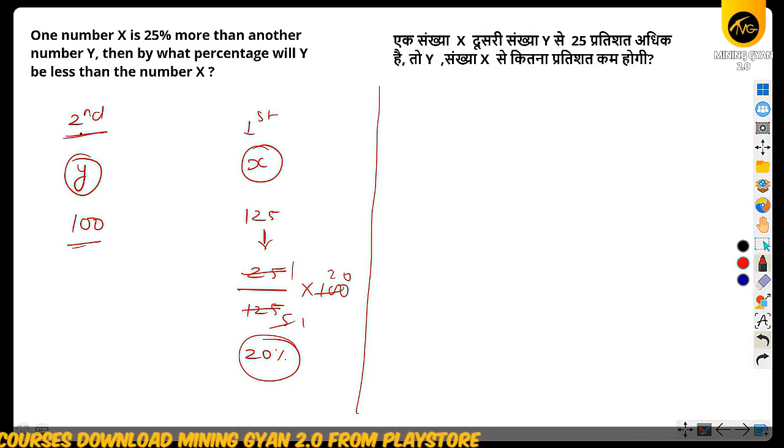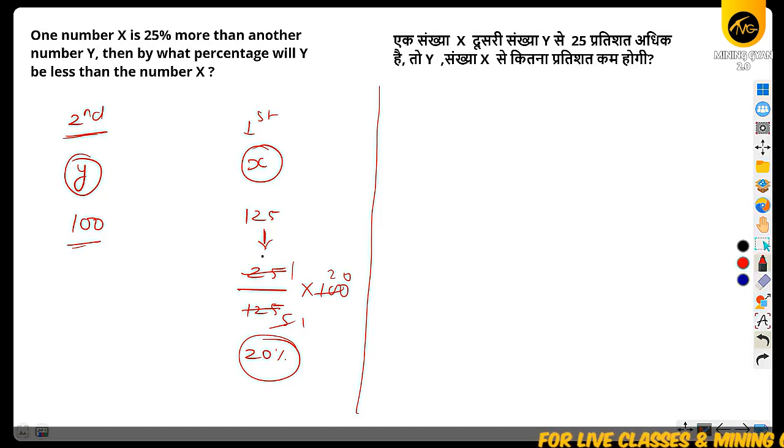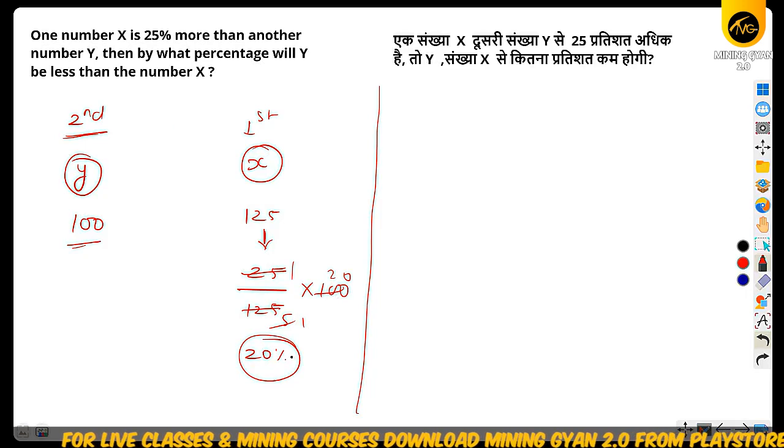If the second number is 100 and x is 25 more than the number y, that means it will be 125. Now just to find out what percent 25 is of 125, 25 divided by 125 into 100, and it will be 20%.